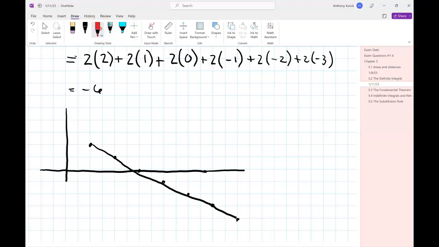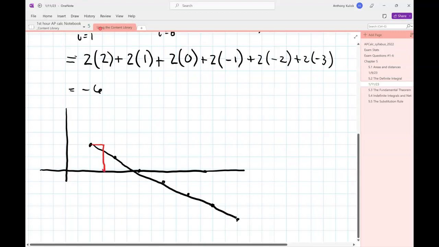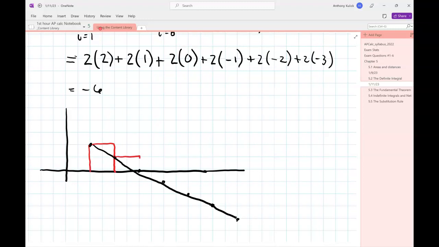So what we're doing then is we're building these rectangles. So that's basically what we did for number 1, Mackenzie.